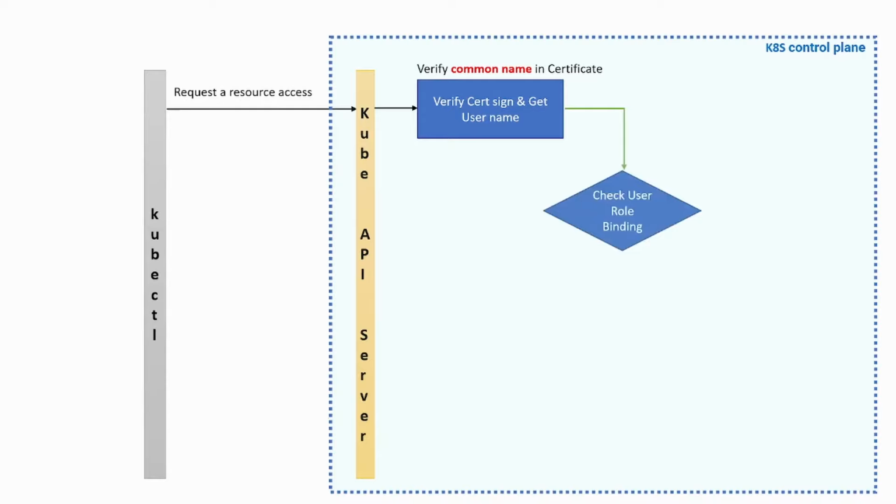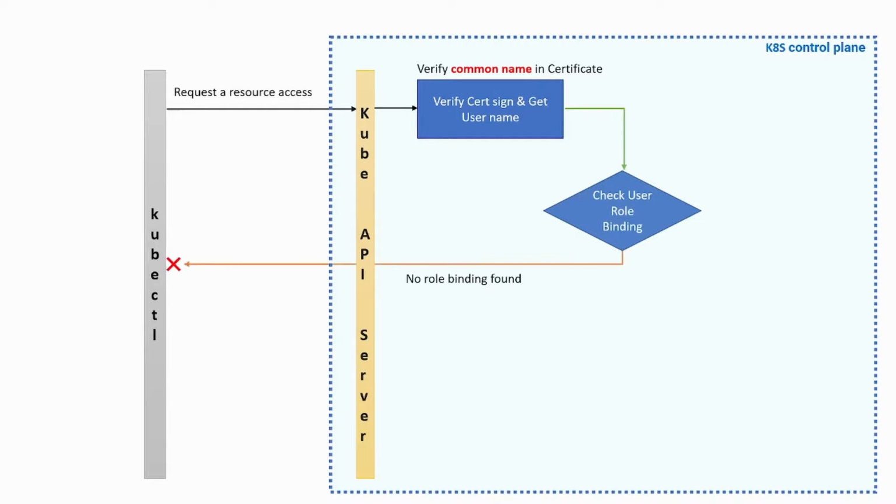Then it will check whether any role binding is available for this particular user. Actually, there is no Kubernetes object for a user. It will see the common name in the certificate and consider it as a user. Then it will try to get the role binding, that means the connection with a role for that particular user, whether it is available or not.